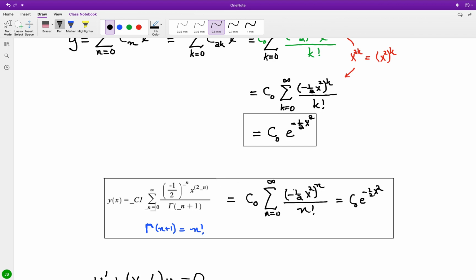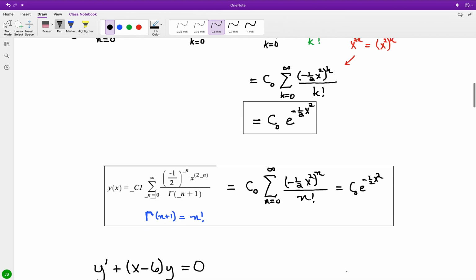If I convert everything in terms of the nth degree, and you have over n factorial, and so just using Maple's language and putting in terms of what we can use translating from summation to our official function, we come out to, once again, C naught times e to the negative 1/2 of x squared.